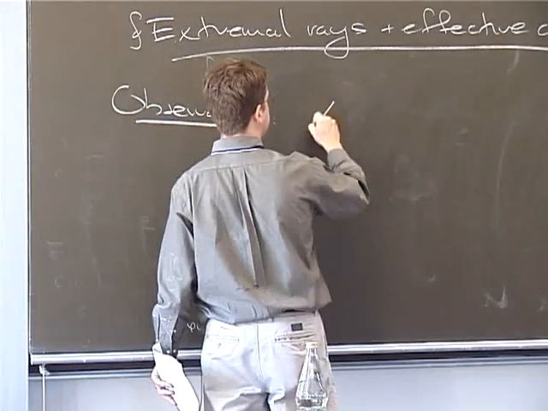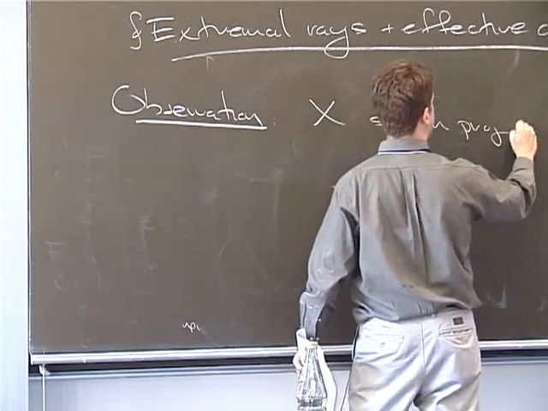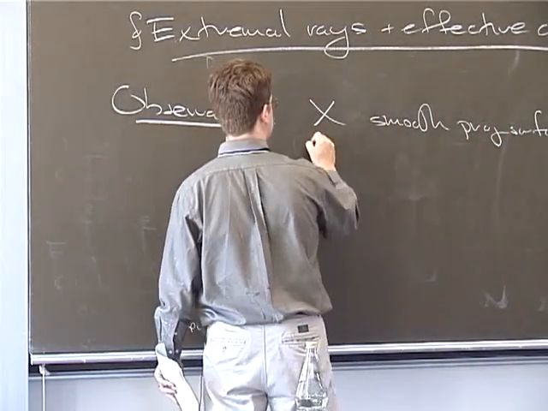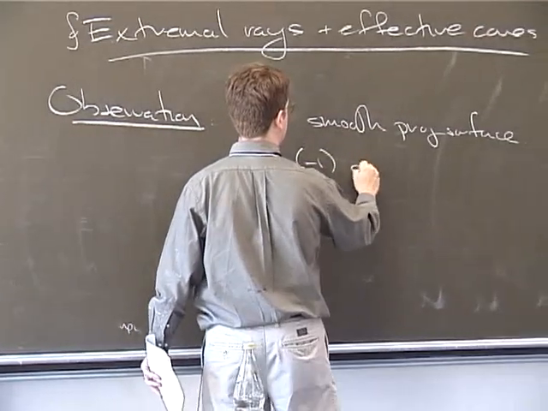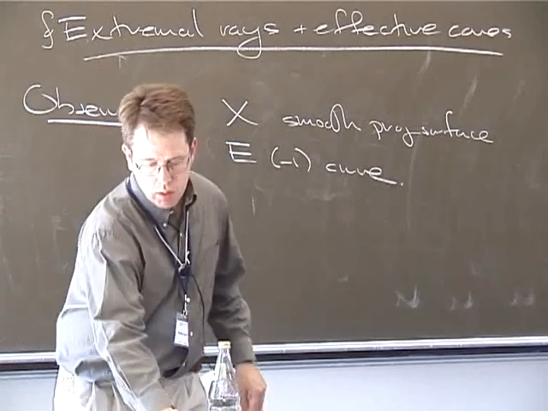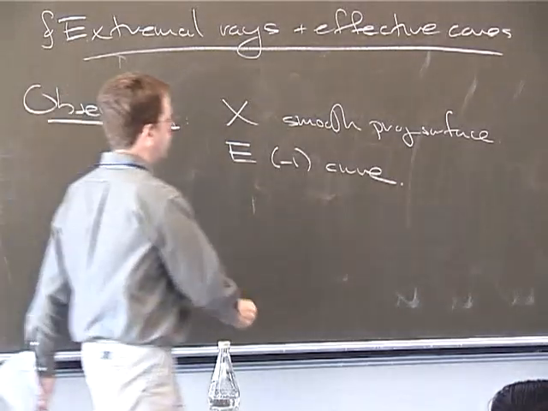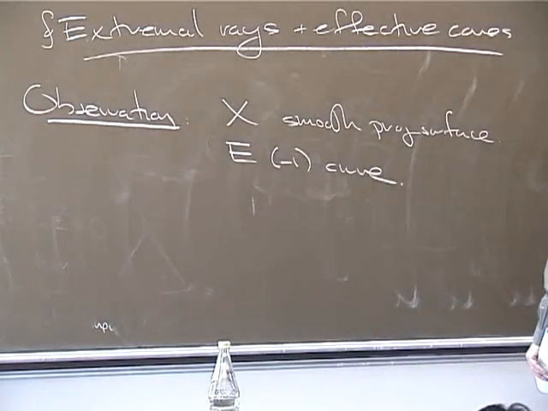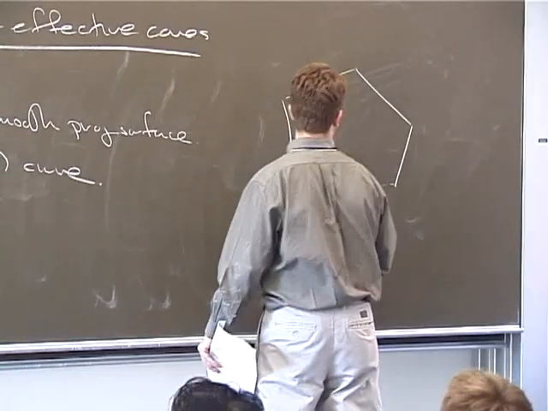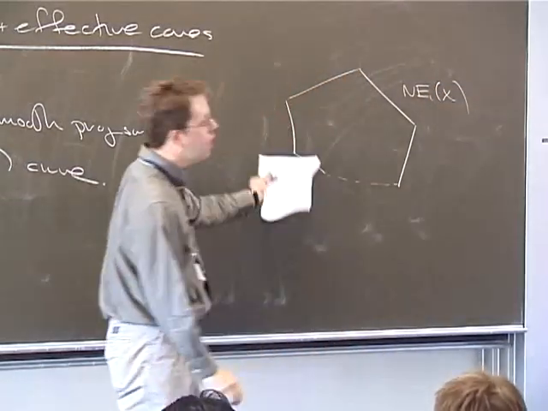So let's say that X now is a smooth projective surface, and E is a -1 curve. So the result we'll need is that, well, I have N1 of X. Part of it's polyhedral.